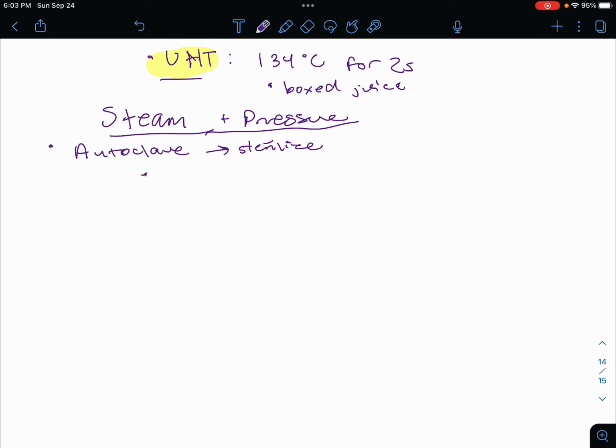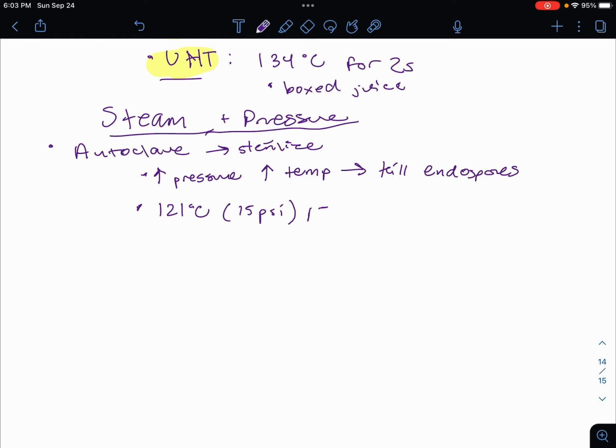So the increased pressure will raise the temperature, and this will kill endospores. The specific temperature that's usually used is 121 degrees Celsius at 15 psi, that's again your pressure units, for 15 minutes. And of course you'll increase this if needed for longer times and larger volumes.